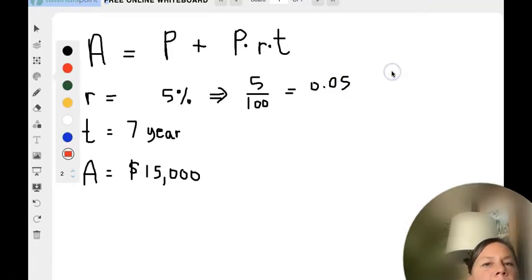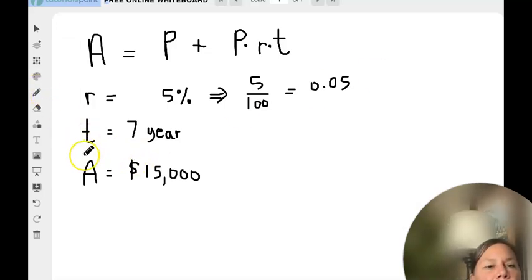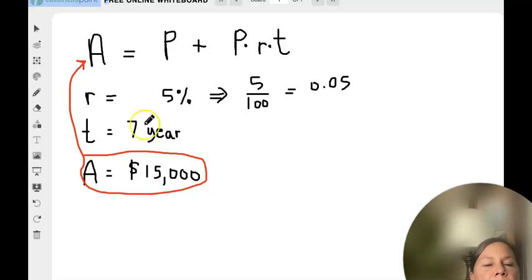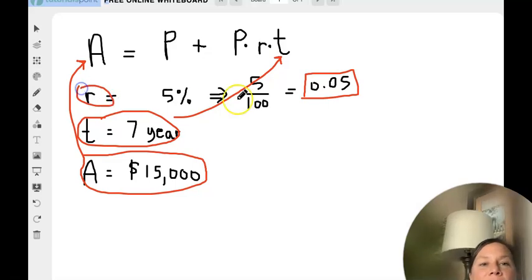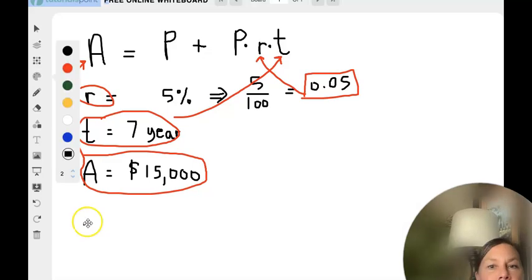I'm going to take my A value down here, and that's going to go into my A value in the formula here. My t equals 7 is going to go in for my t value right here. And my decimal 0.05 is my rate, and that's going to go right in here. So let's rewrite this.